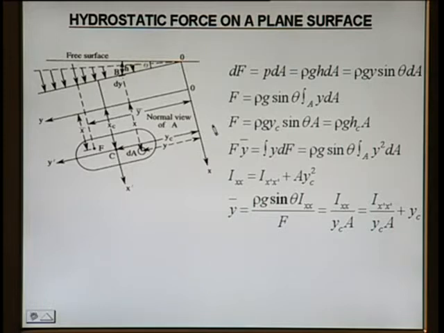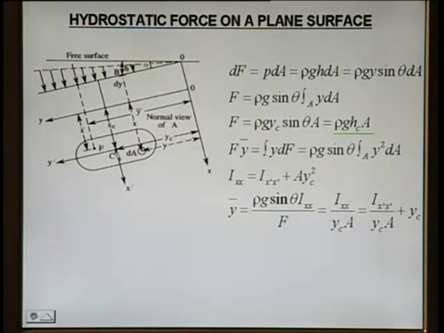Since elements are lying at different heights of the fluid, the pressure is varying. We know the relationship for pressure, that is P is equal to gamma into H, or further expanded P is equal to rho g H. So we take the force on a small elemental strip and then integrate over the area.